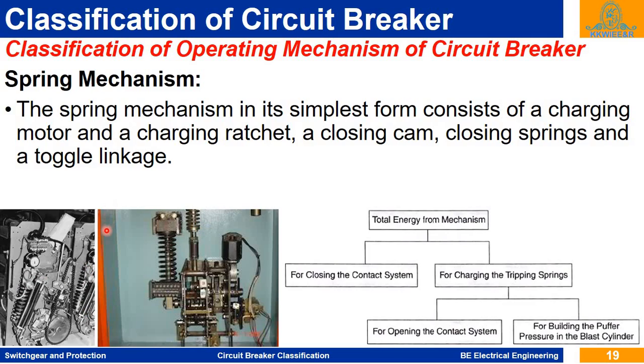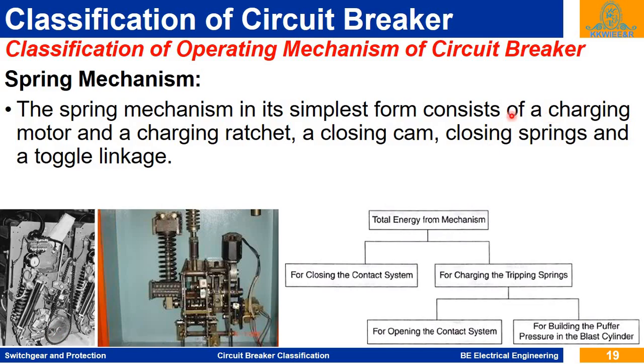When the circuit breaker opens the contact, at that time the closing spring of the circuit breaker stores the energy. The spring mechanism, in its simplest form, consists of the charging motor. Here you can see this charging motor connected with this gear.